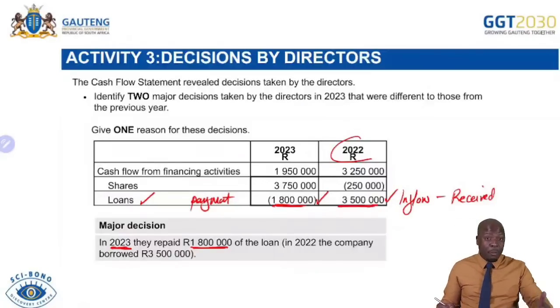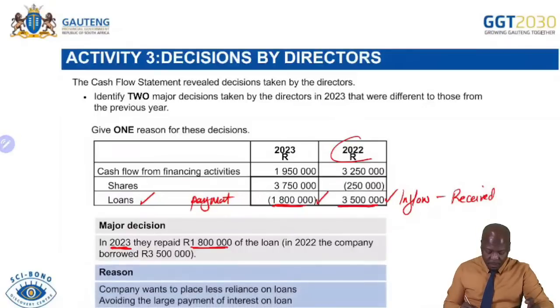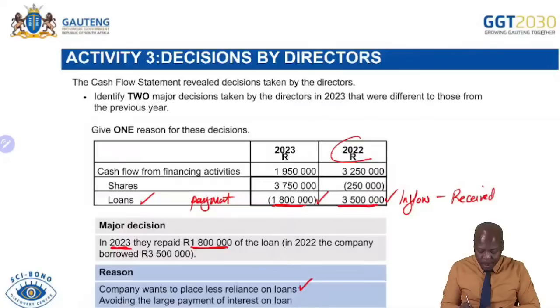Now, the next question then says, what could be the reason for such a decision? The company wants to place less reliance on loans. Remember, the more loans we have, remember, loans are affecting us.